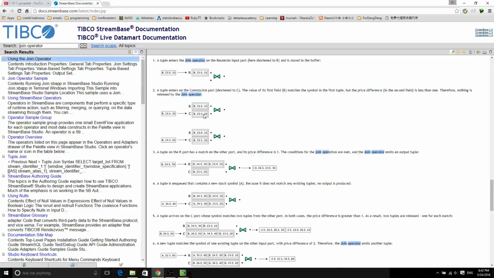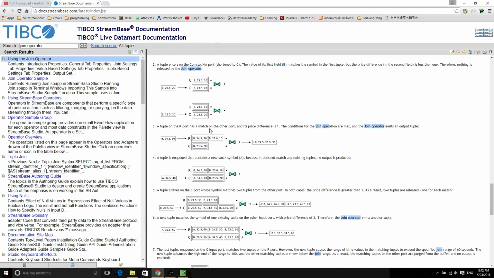It goes to the second input, and now it checks 2 steps. The first step is checking if the symbols are the same. They're the same. The second step is checking whether the price difference is greater than 1. It's not, therefore we don't have any output.